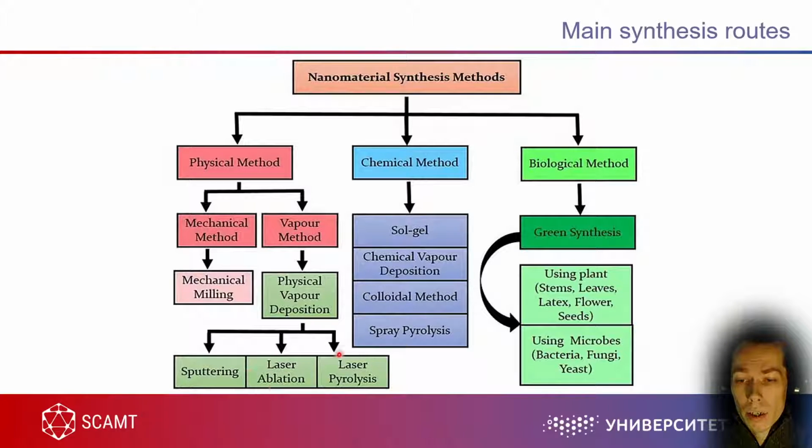Laser ablation and laser pyrolysis are almost the same, but the high temperature is obtained not by high voltage but by a focused laser beam. Of course there are other physical evaporation methods, but among physical methods there are also mechanical methods like mechanical milling.